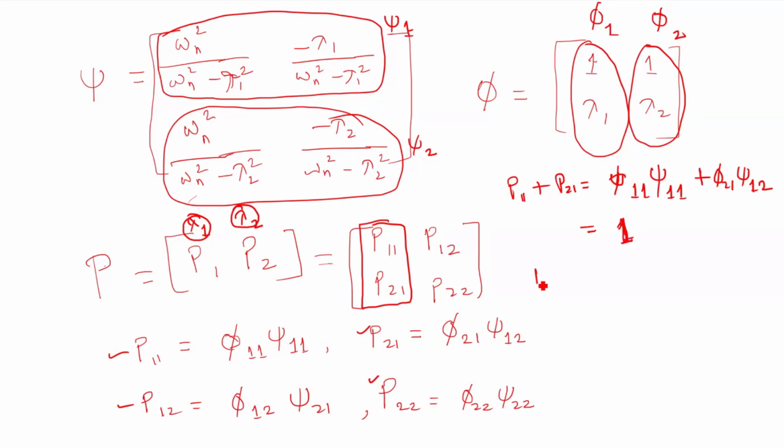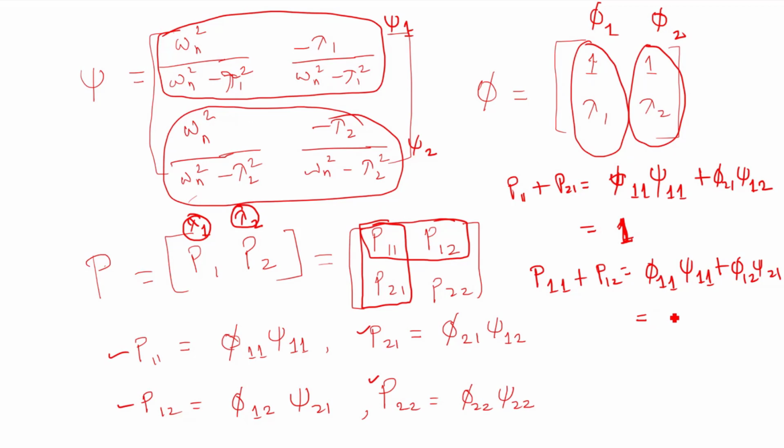And similarly, if I add a particular row, let us say the first row, P11 plus P12, where P11 is phi11 psi11 plus P12 is phi12 psi21.